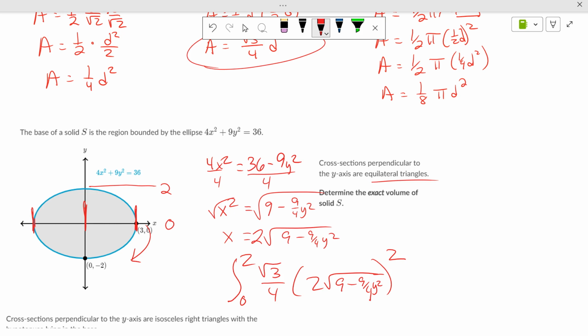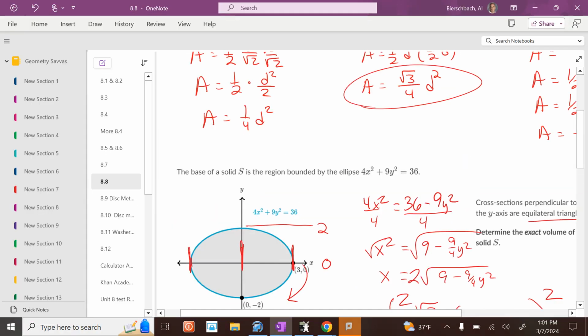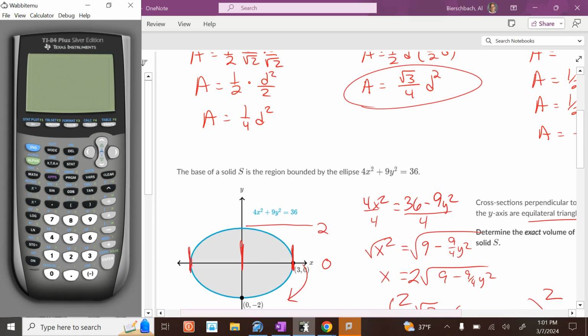And then what I would do is I would square this out, 0 to 2, of square root of 3 over 4 times 4 times 9 minus 9/4 y squared. And these 4's cancel. So it's the integral from 0 to 2 of the square root of 3 times 9 minus 9/4 y squared. Then I'd grab my graphing calculator and let it do the magic here.